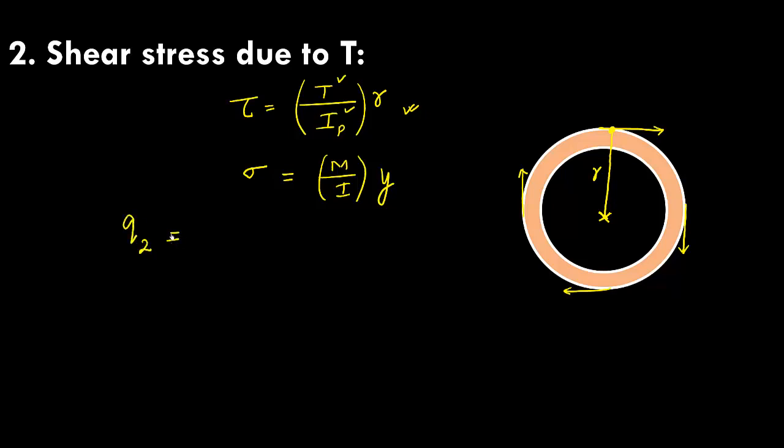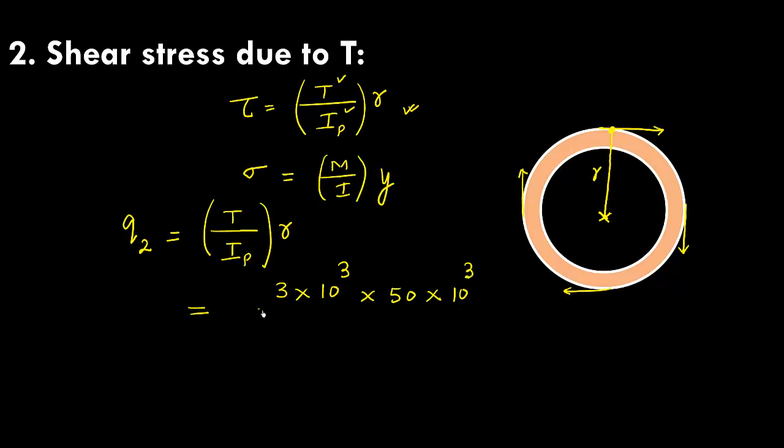So we can write Q2 is nothing but T divided by IP multiplied by R. The twisting moment is given, that is 3 kilonewton meter, so 3 into 10 to the power 3, and radius is 50. I have to multiply by 10 to the power 3 to convert kilonewton into newton, and IP is nothing but 2 pi R cube times T.